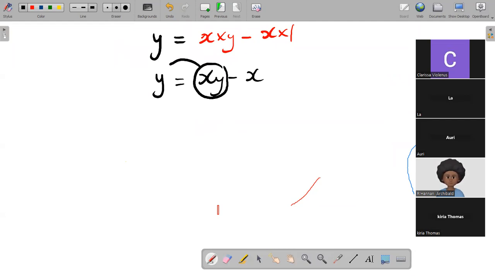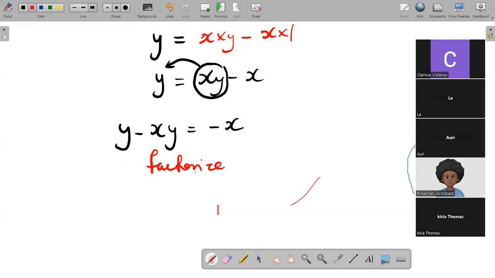When I move this over, what does it become? It's going to become y minus xy is equal to negative x. Anybody know how to pull out y? What operation do you use to pull out y? If I want to take out y from this, you factorize y. I'm just going to go through the whole steps and then explain after. So how do I factorize y?